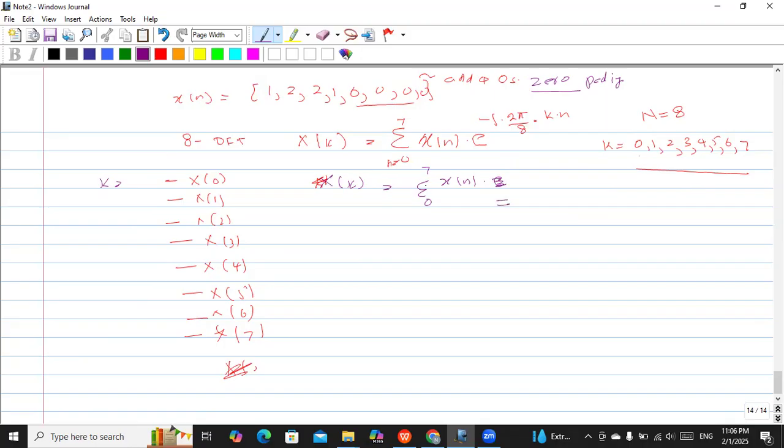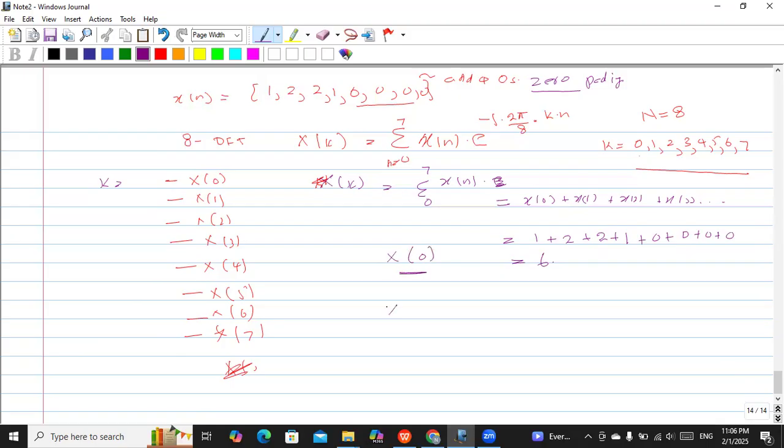So you expand this: x0 plus x1 plus x2 plus x3 and so on up to x7. x0 will be 1, x1 will be 2, x2 will be 2, and x3 will again be 1. Others are 4 zeros. So again you will have 6 here. That is your 0th frequency sample.